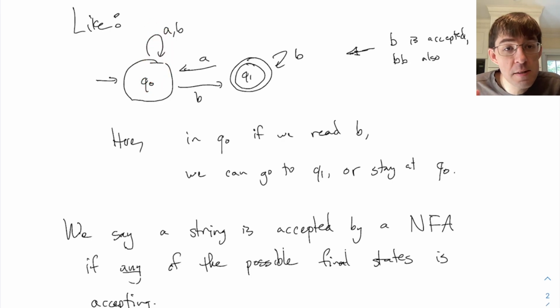But that doesn't mean it's rejected. It just means that that particular way of doing it was rejected. There is another way of doing it which is accepted. So BB is also accepted. Can someone tell me a string which is rejected on this machine?